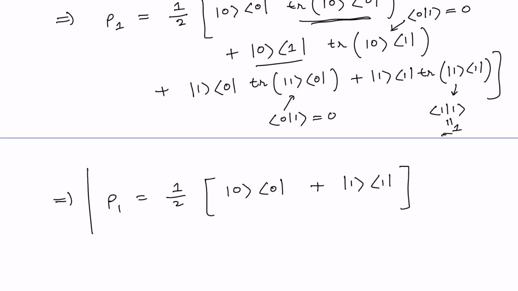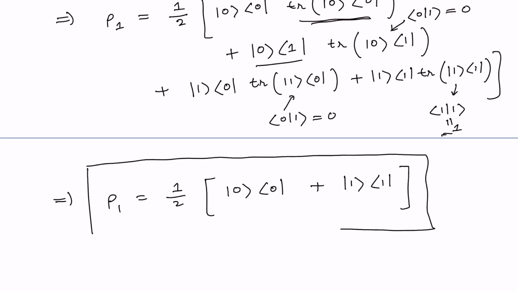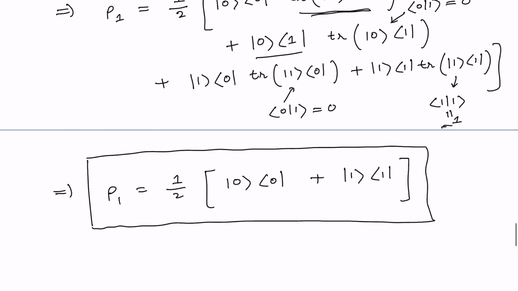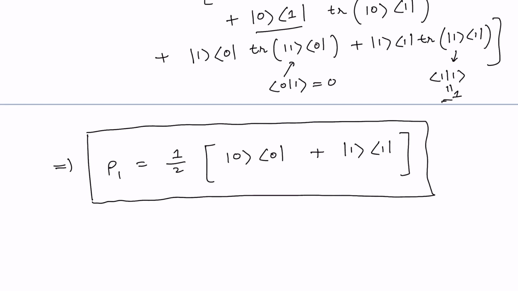Okay, so this is the density matrix corresponding to the first system or the first qubit, which we have worked out by using the tracing operation over the second qubit, and this rho 1 is known as the reduced density matrix corresponding to the first qubit.